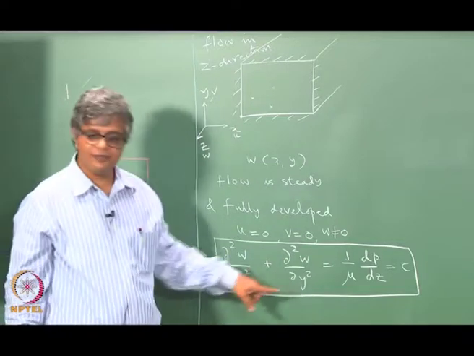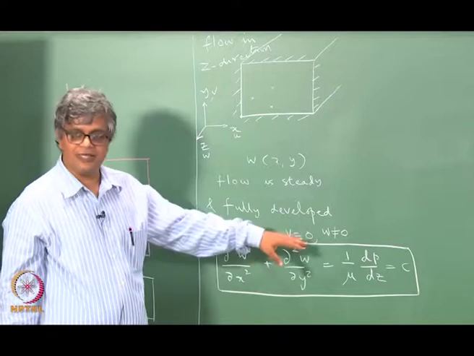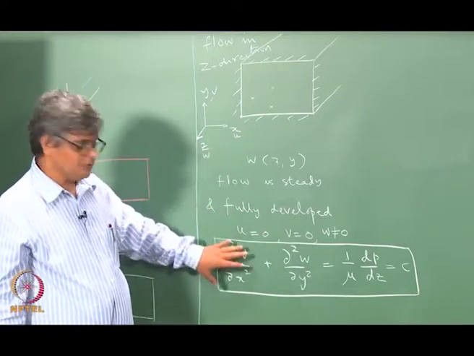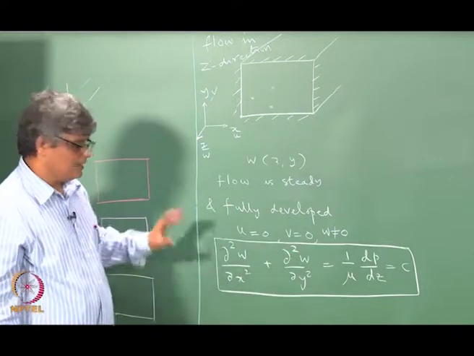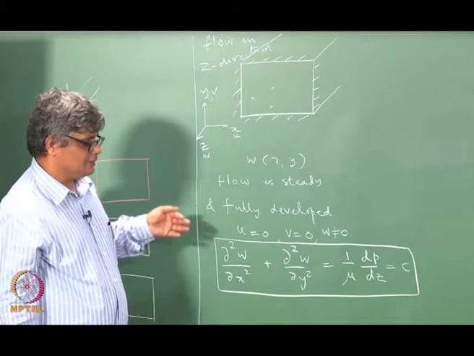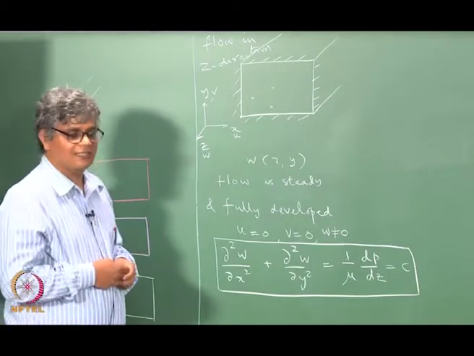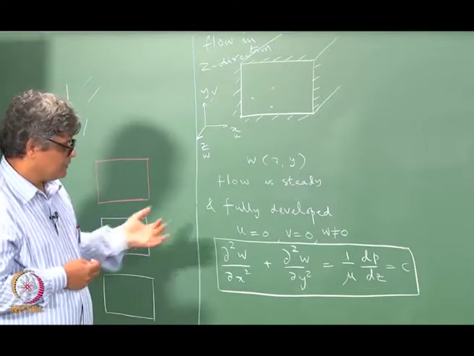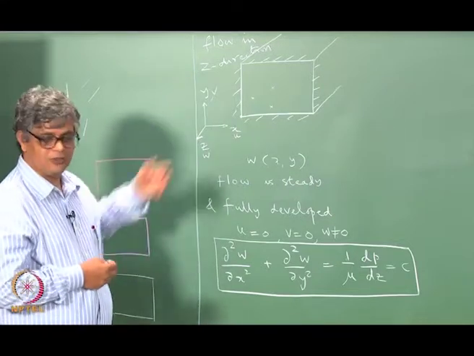This is a partial differential equation, so that means that we need to have boundary conditions and initial conditions. The flow is steady, so it is a boundary value problem, and it is also an elliptic problem. These statements may not make much sense to you right now, but in a couple of weeks time, once we have derived the equations, these will make complete sense, and you will be able to see that yes, this is the equation which actually tells us how W varies.